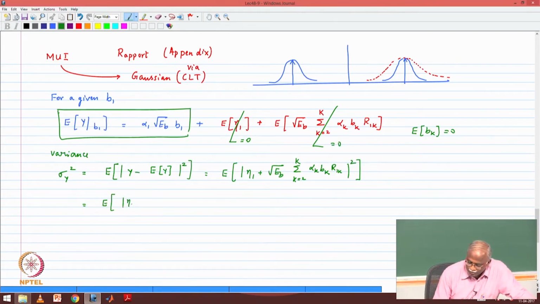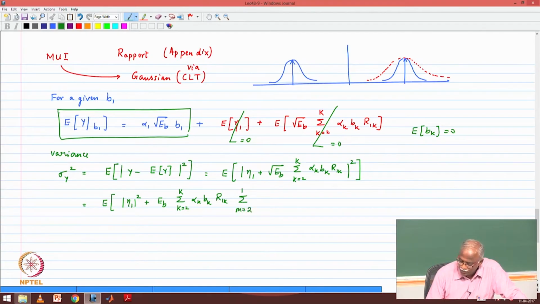So the first term is mod eta 1 squared. The second one is the term with the conjugate of itself. So root EB gives me EB summation k equal to 2 to uppercase K alpha k bk r 1k, summation m equal to 2 to uppercase K alpha m conjugate bm conjugate r 1m conjugate.